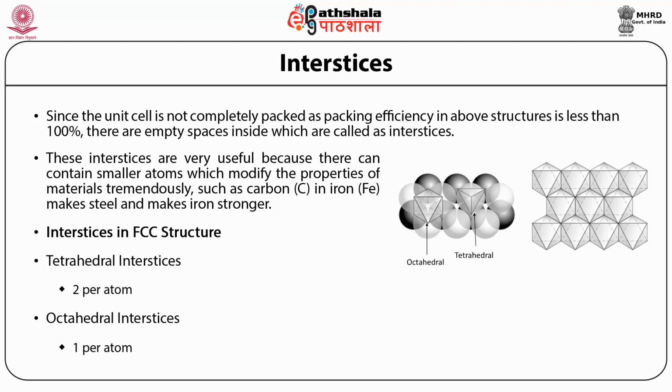For octahedral interstices, the voids are formed between layer A and B. Tetrahedral interstices have fourfold coordination and the sites in FCC are given as 1 by 4, 1 by 4 and 1 by 4. Whereas octahedral interstices have sixfold coordination and have sites in FCC at 1 by 2, 1 by 2, 1 by 2 and 1 by 2, 0 and 0.